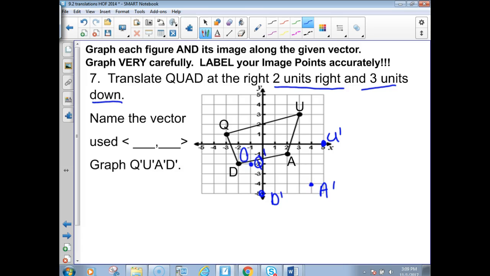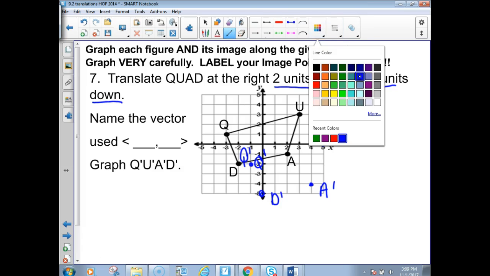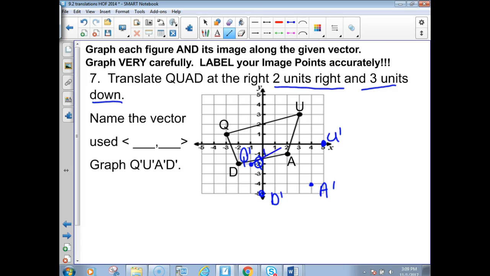Oops, my Q is going to be in the way. If I connect them, it should look just like the original, slid down and right.